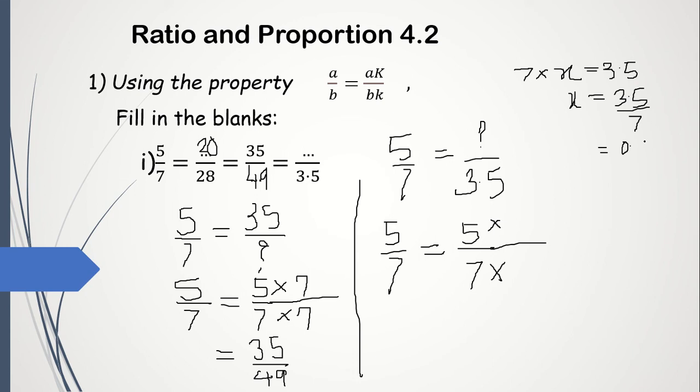So 7 multiplied by 0.5 gives me 3.5. So I have to multiply the numerator also with 0.5. So my k is 0.5 in this case. So that's 7 into 0.5 is 3.5, and here 5 into 0.5 is 2.5.